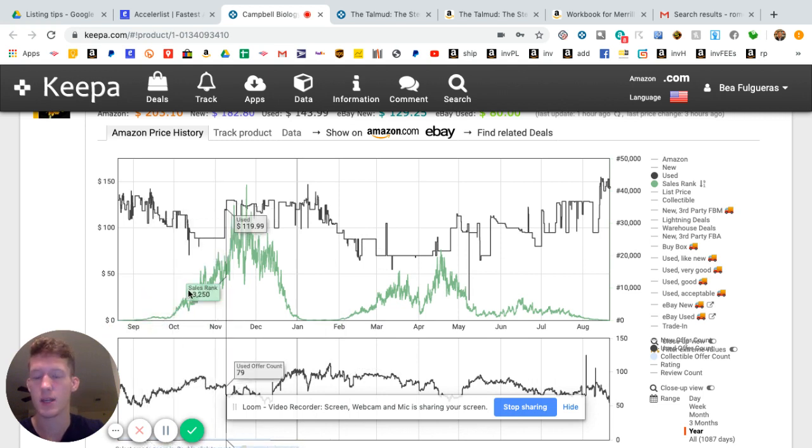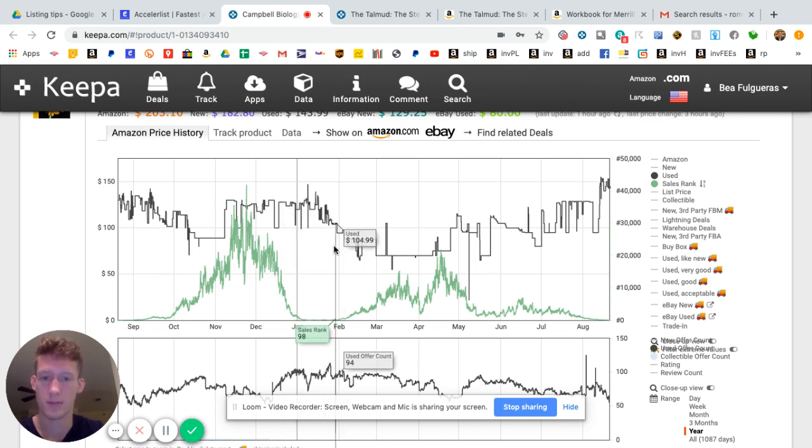Now you can see the price, this black line, increases. See, this black line increases during the demand most of the time. Here's everyone's going crazy, freaking out, repricing. You'll see this a lot at textbook season. People will reprice like crazy, and they bring down the market value.